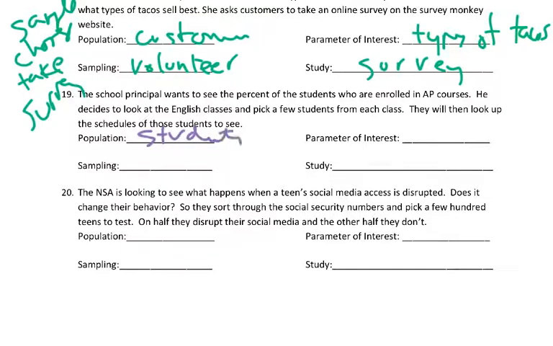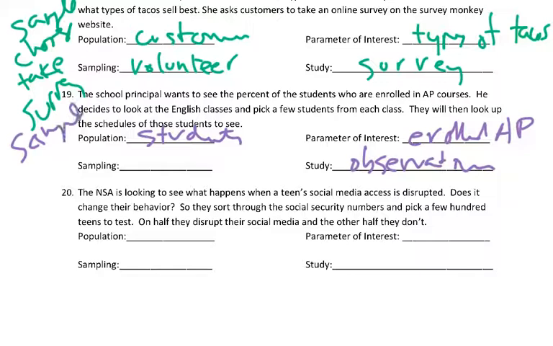Okay, parameter of interest, are they enrolled in AP courses? Okay, the study would basically be observational because they're observing what classes they take. The sample would be the group that they choose out of the English classes.